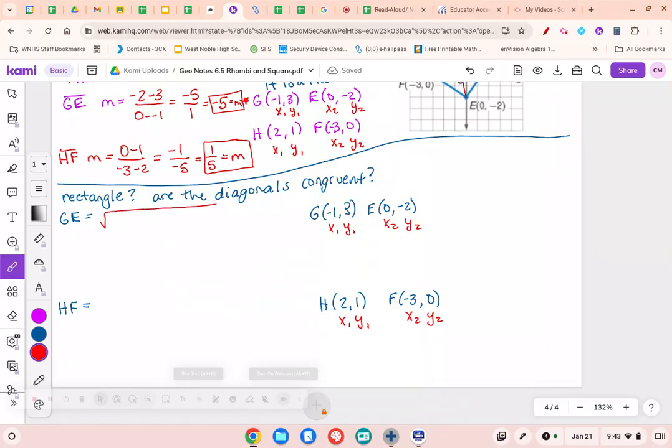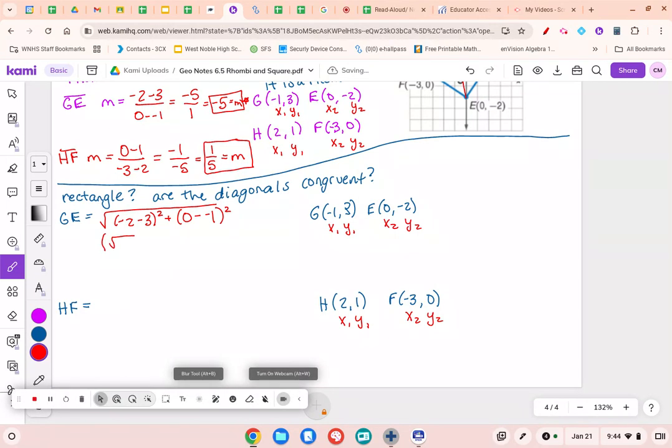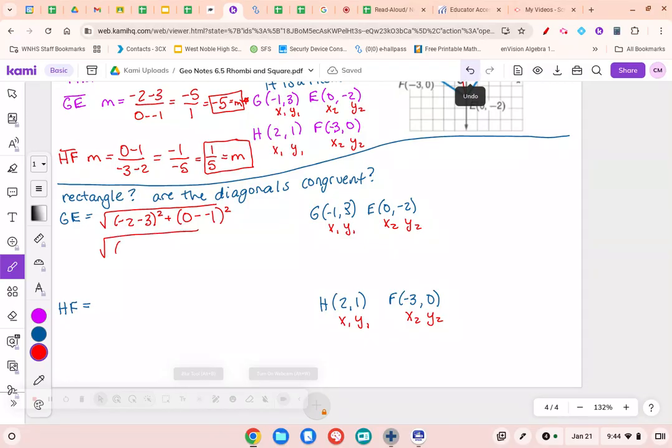We have y2 minus y1 squared plus x2 minus x1 squared. This gives us -5 squared plus 1 squared, or once you finish solving, 25 plus 1.